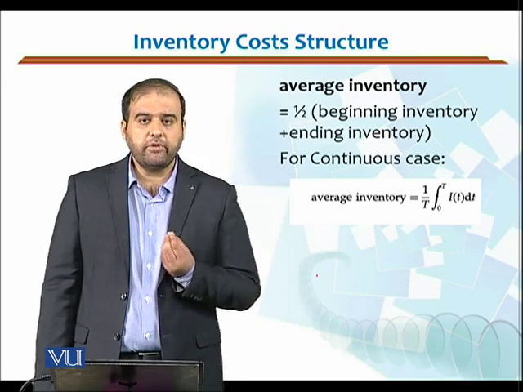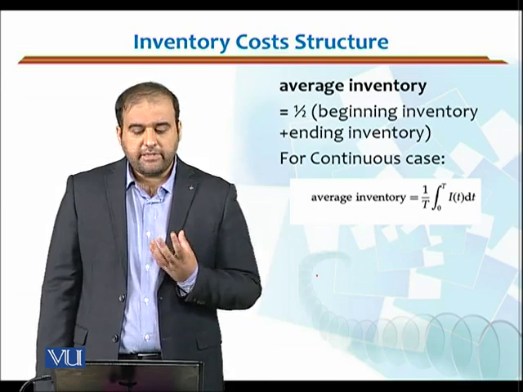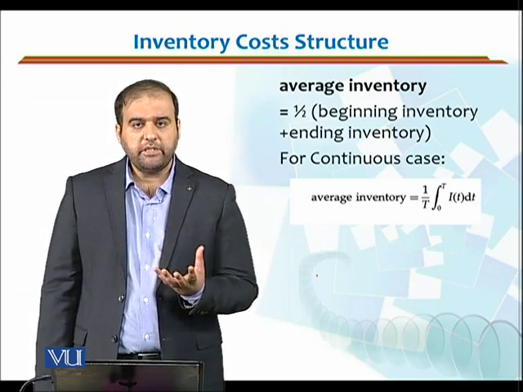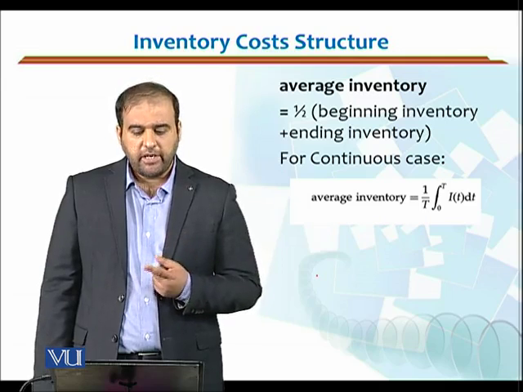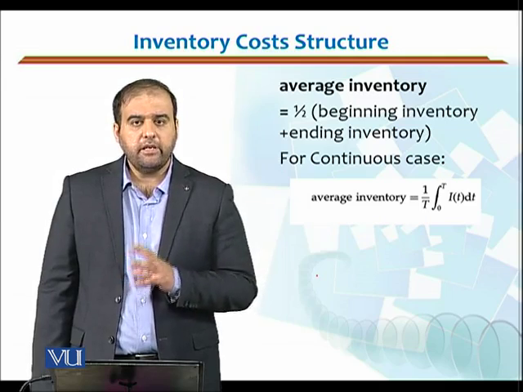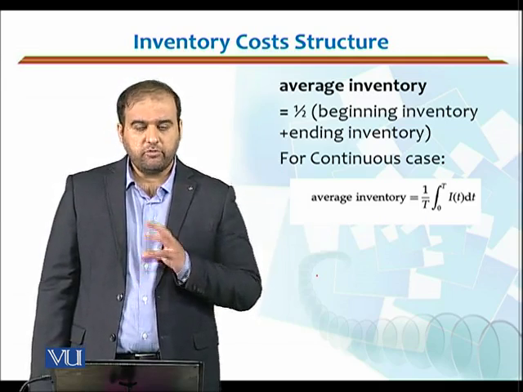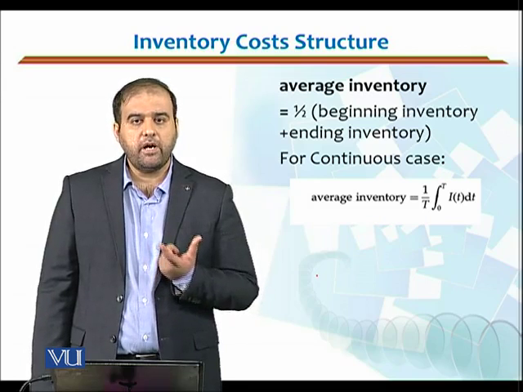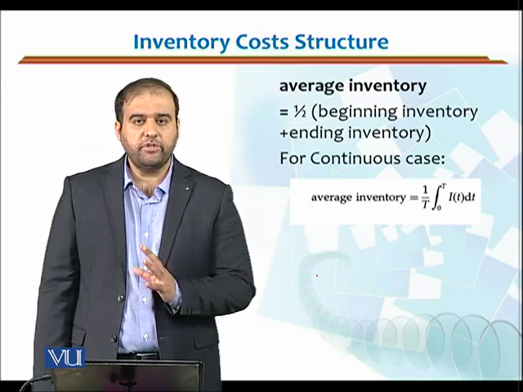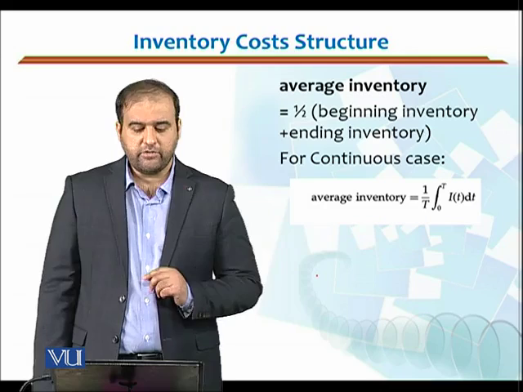But if you cannot count them, if it's in the form of a liquid, then your average inventory would be 1 over T, T being the time period, integrated from 0 to T of I(t), I being the inventory level at that time. So it could be any value of I from 0 to T. You need to integrate it in the case of continuous inventory.